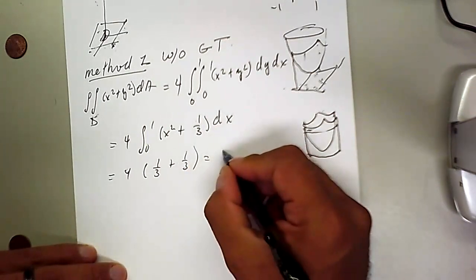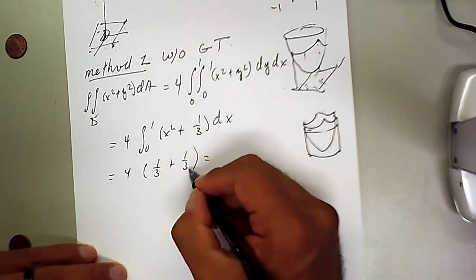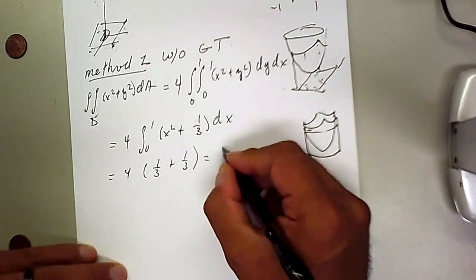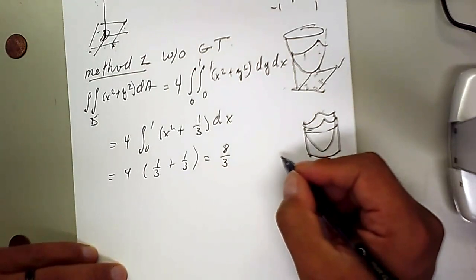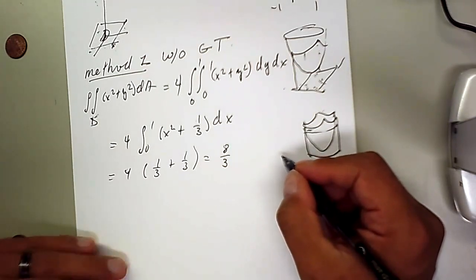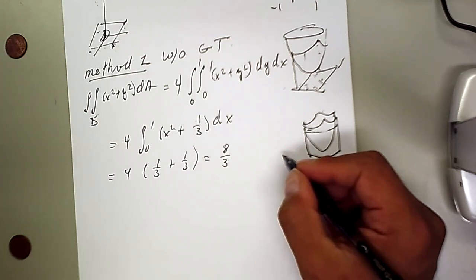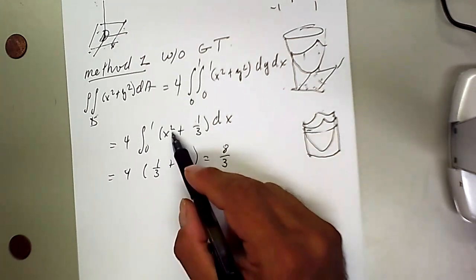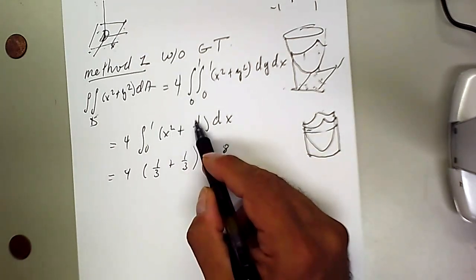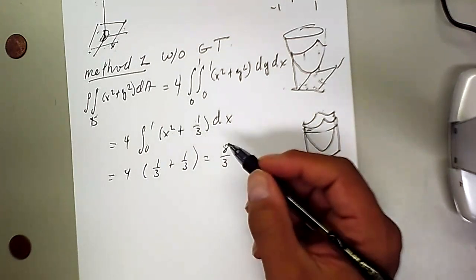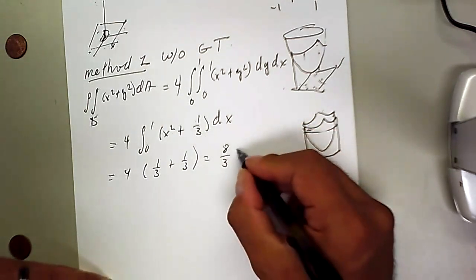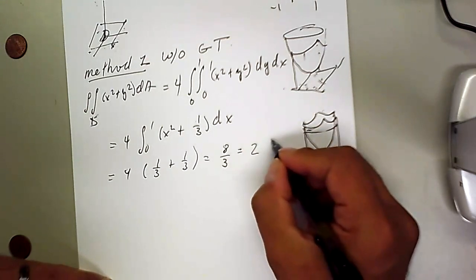So that's going to be 2/3. So 8/3. Let me double check. 1/3 plus 1/3 is 2/3 times 4, 8/3. That seems high because that is 2 and 2/3 as a mixed number.